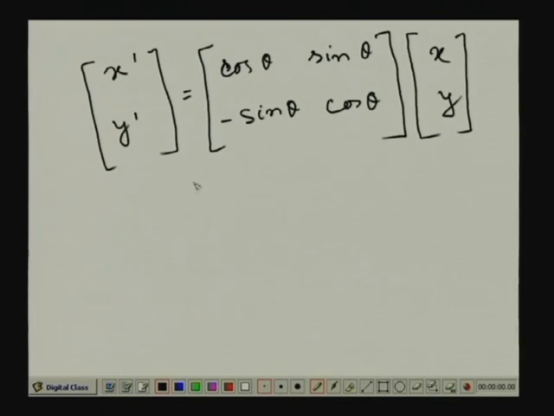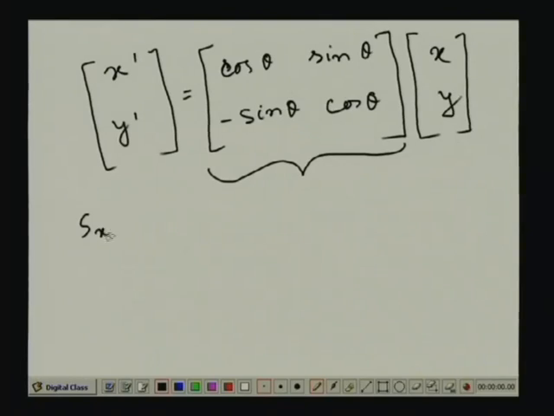So, if I rotate the point P by an angle theta around the origin in the clockwise direction, the transformation matrix which gives you the rotation transformation is this particular matrix, which is cosine theta sin theta minus sin theta cosine theta.